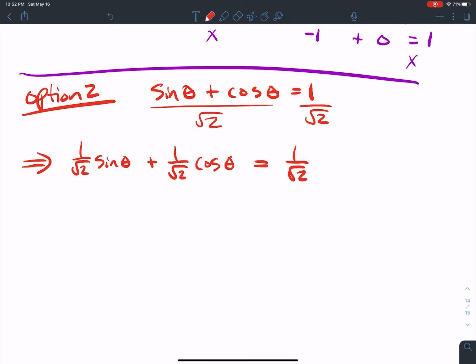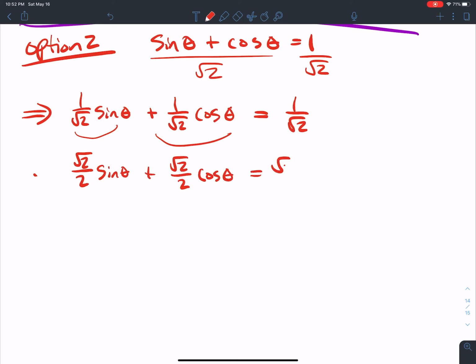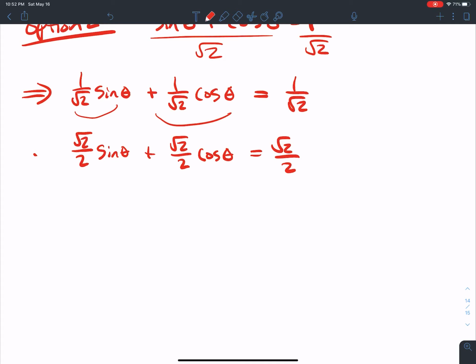Now, why is this good for us? This maybe is starting to get you to think of a sum or difference identity. Why is that useful? Because 1 over square root of 2 is actually square root 2 over 2. And that's square root 2 over 2 equals square root 2 over 2. Now, square root 2 over 2 is actually sine of pi over 4.